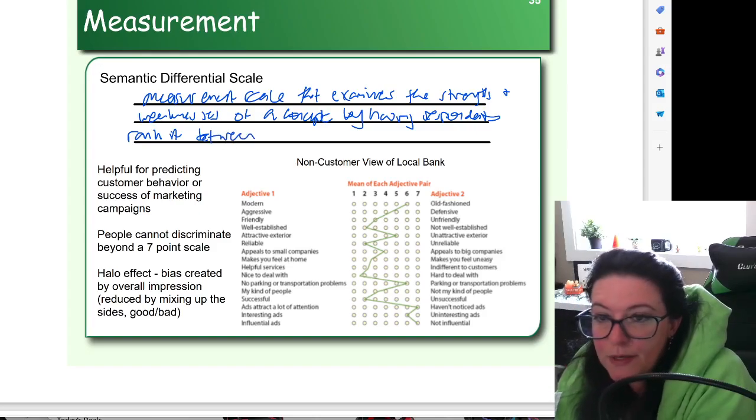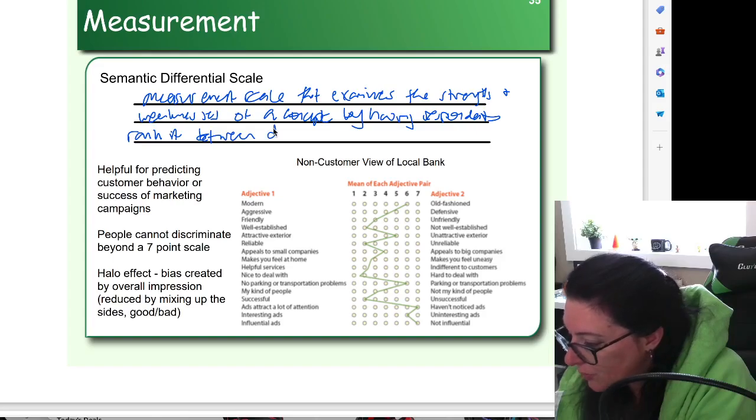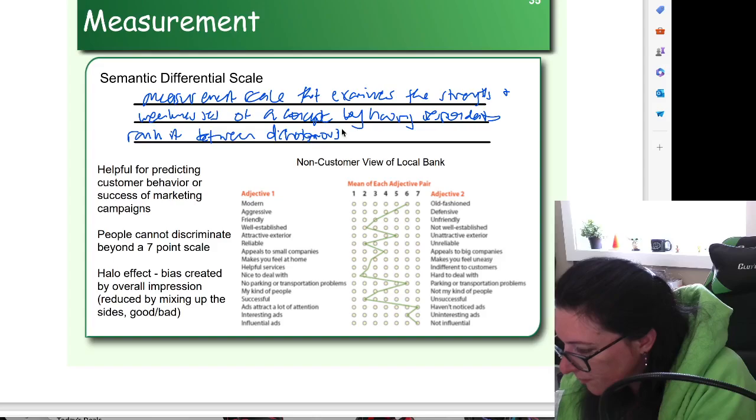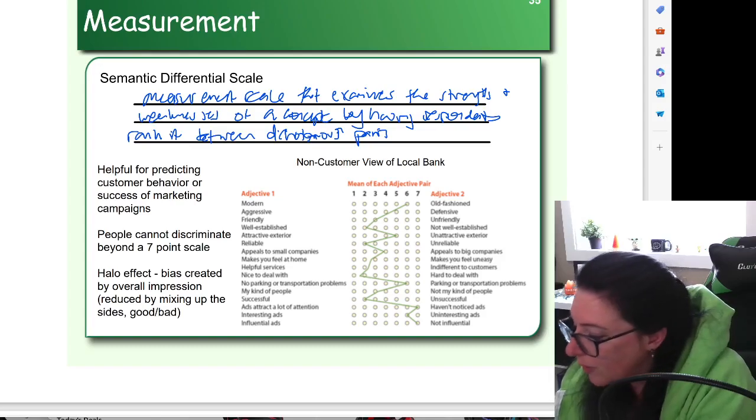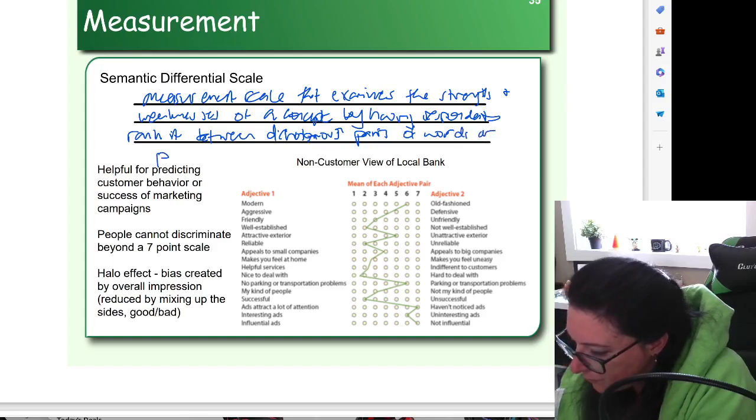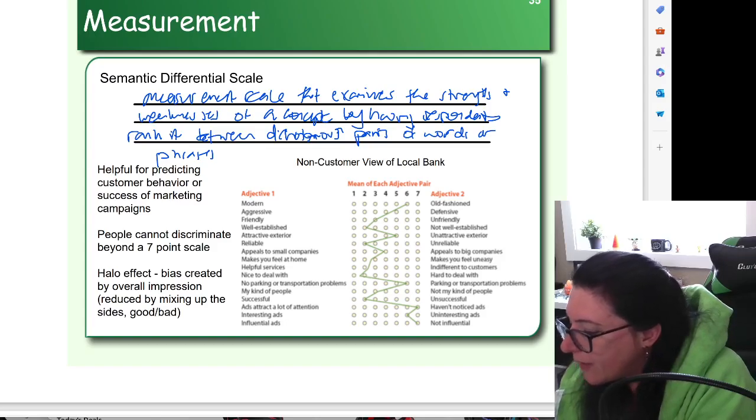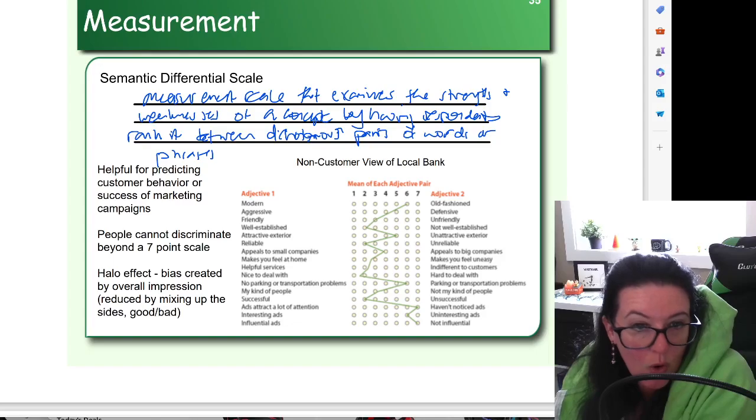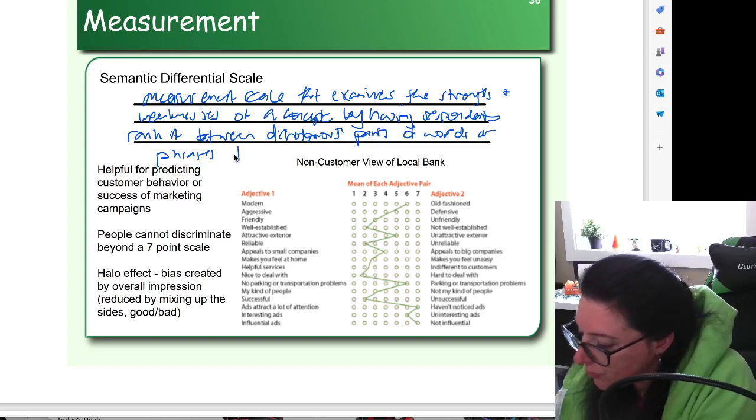So dichotomous just being there are only two options, they're the two extremes. Between, you only choose one or the other. Dichotomous pairs of words or phrases. Measurement scale that examines the strengths and weaknesses of a concept by having respondents rate it between dichotomous pairs of words or phrases that could be used to describe it.